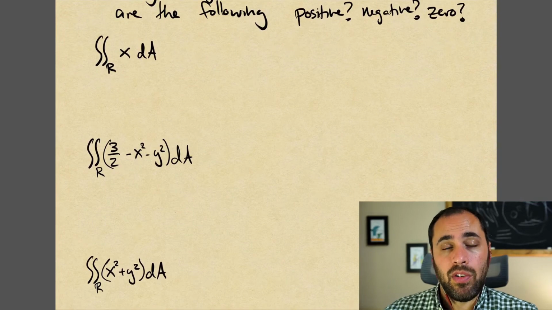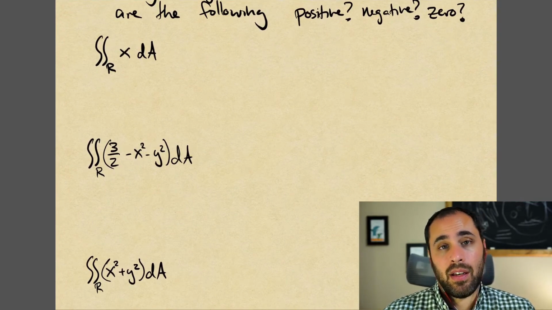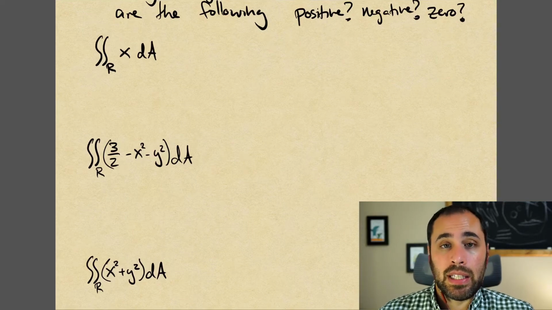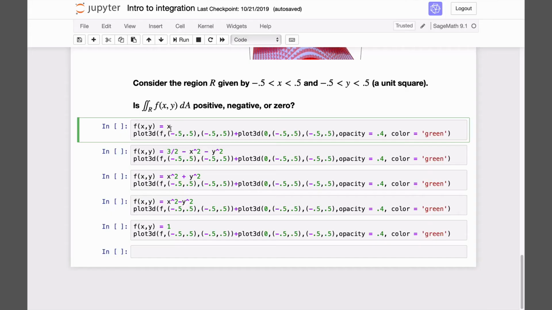And my question for you is, again, what's the sign of the value of these integrals? Let's take a look at CoCalc to see their graphs, and then we'll come back and record our estimates.